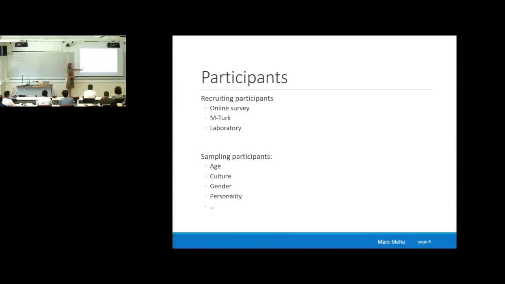And after, when you have the participants, you want to select certain types of participants, as I mentioned, maybe some cultures, genders, ages, professions, education, or even personalities, any types of parameters you may want to use. And it can be interesting to gather that information, and I will show you an example at the end of the course.